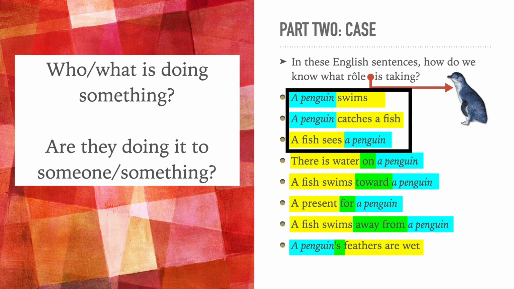That's for another time. So we're really going to focus on these first three, where we have something or someone doing something, and whether or not something else is receiving that action in some way. So let's look at this in a different way.